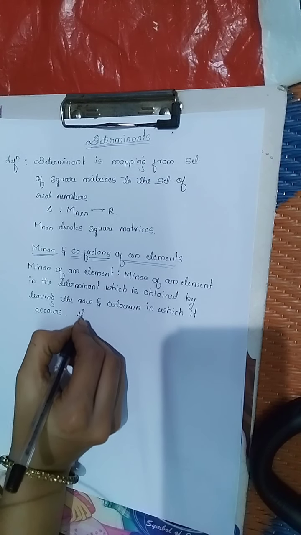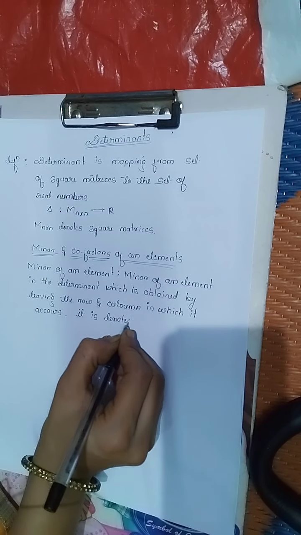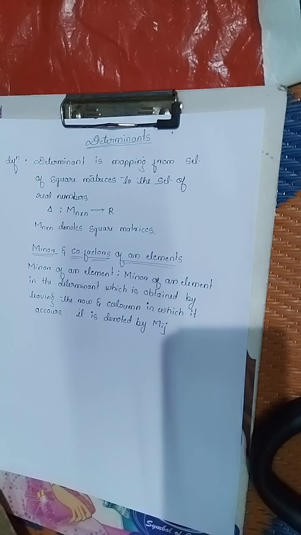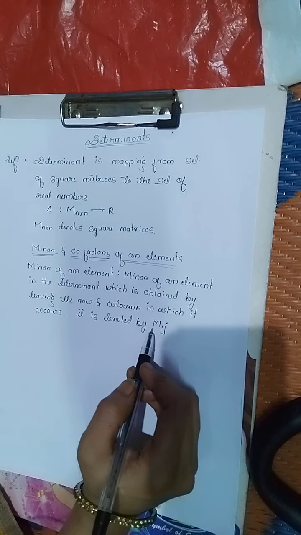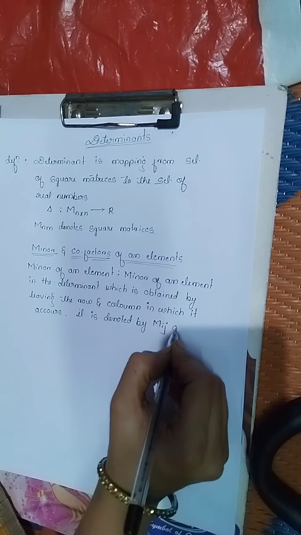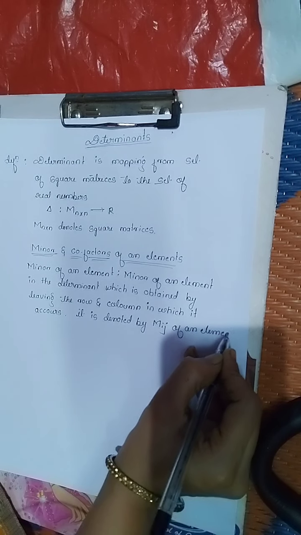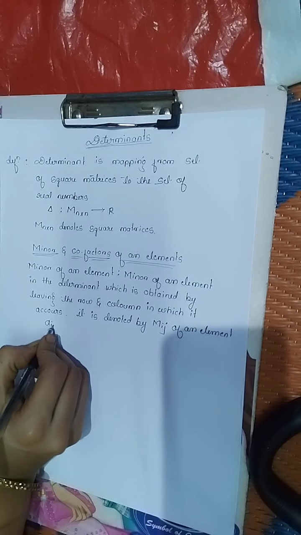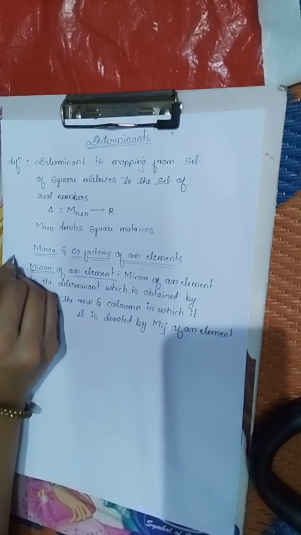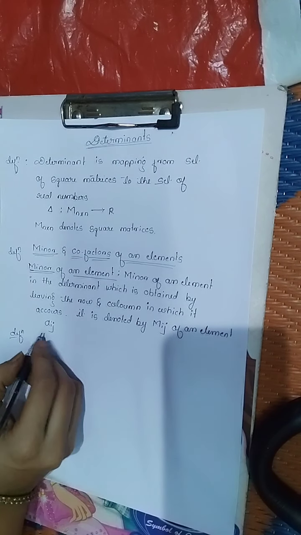It is denoted by Mij. Mij means the minor of the element Aij in the ith row and jth column. Then the next definition is cofactor of an element.